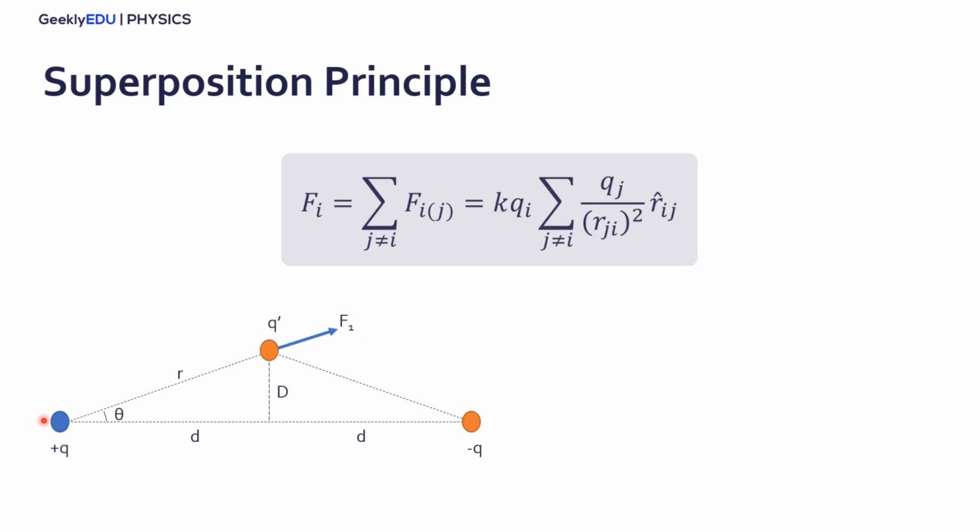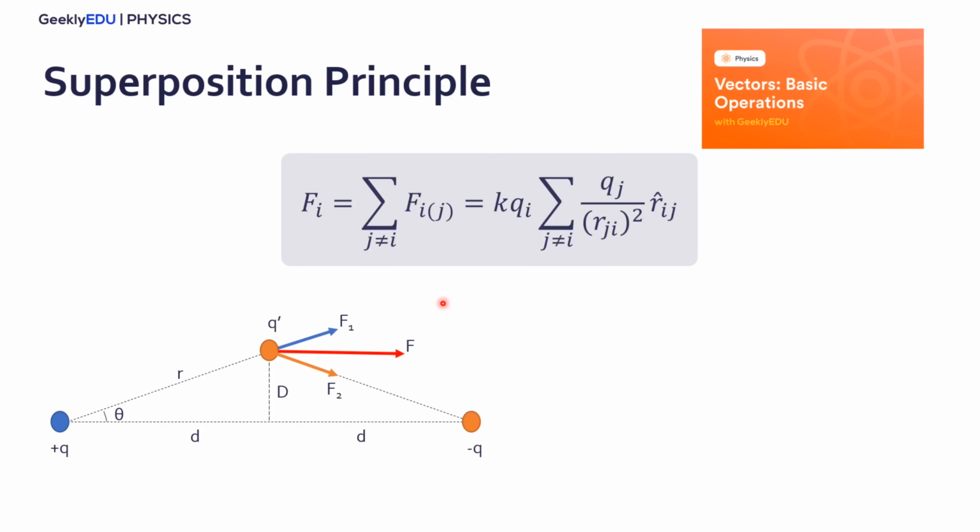So we know that the force acting on Q due to the blue particle is a repelling force, and the force from this other particle is attracting. So we have a resultant force in this direction, adding these two vectors.